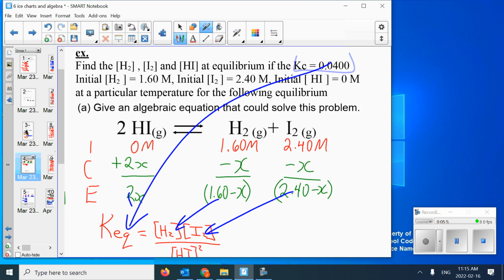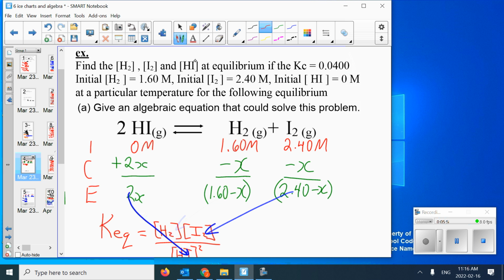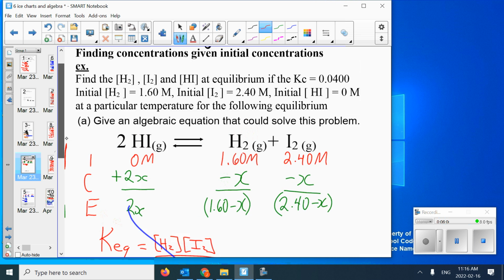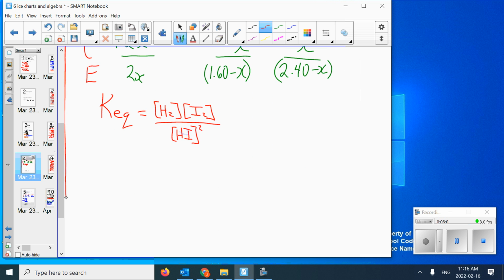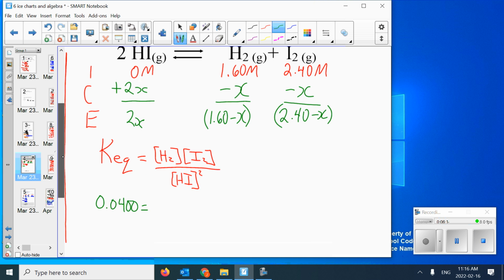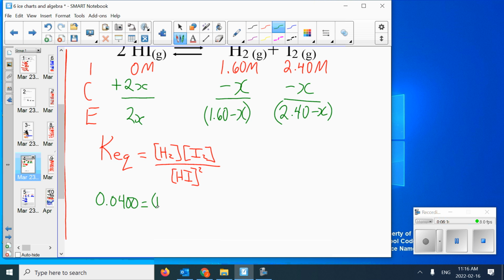Here, 2x. That's what's going on. 0.04. That's from given information, then the rest are from our expression. H2 is 1.6.